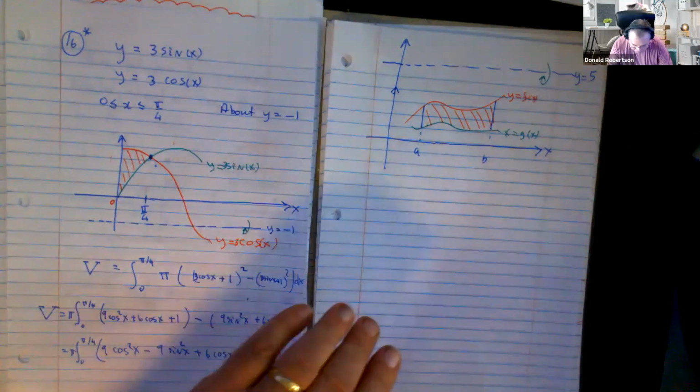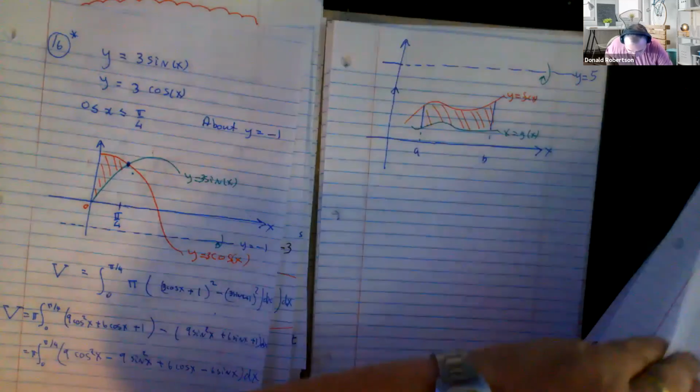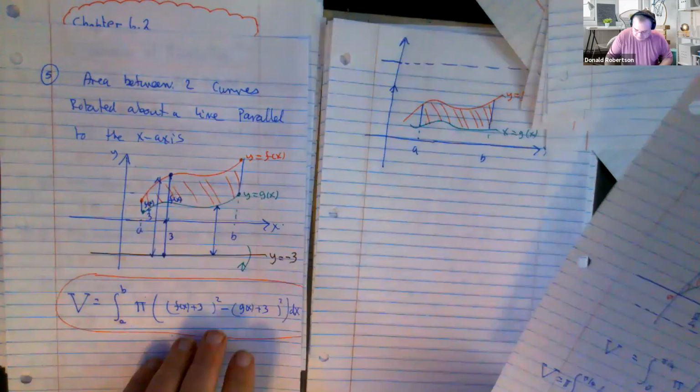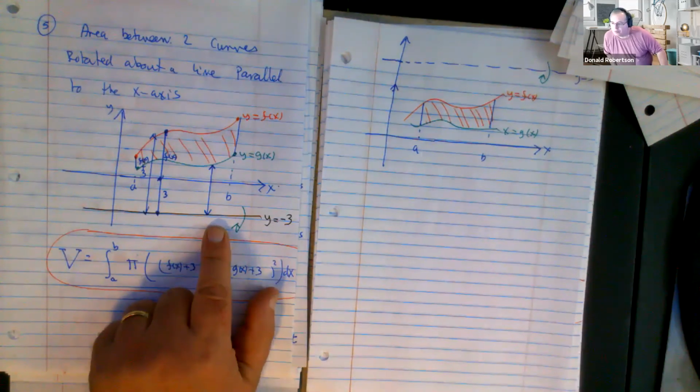I mean, the formula that we used earlier, which I now can't find. Bear with me, I'll hopefully come across one in a second. Here we are. There we go. Isn't this what you did when the line was below the area, right below the x-axis?